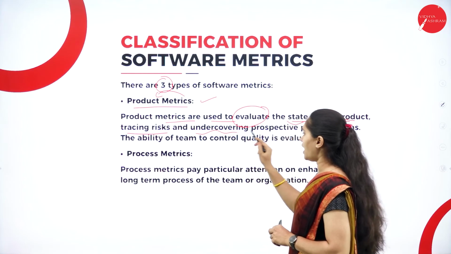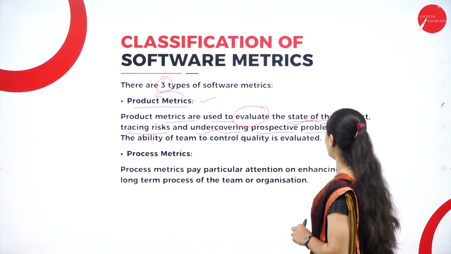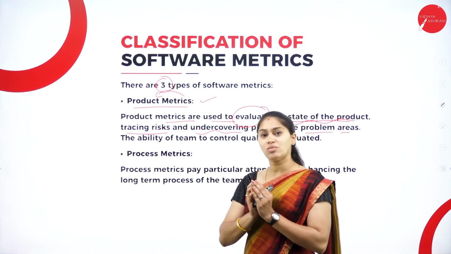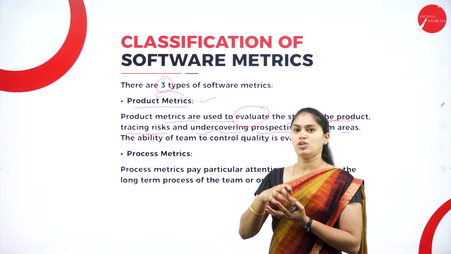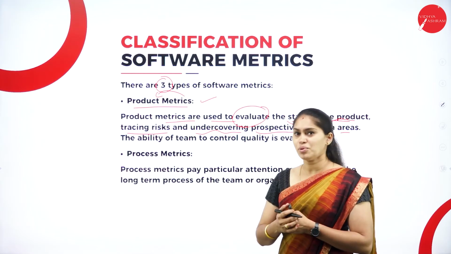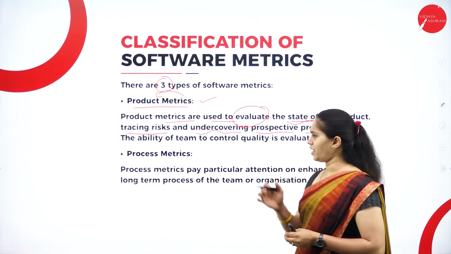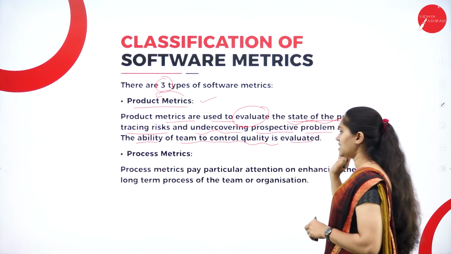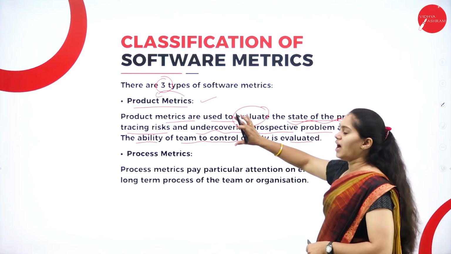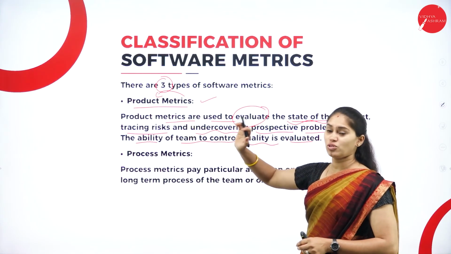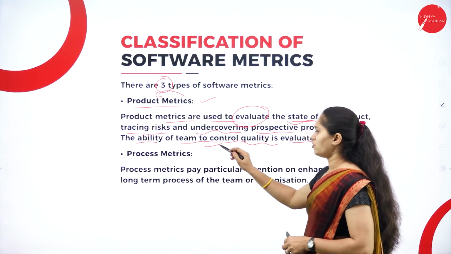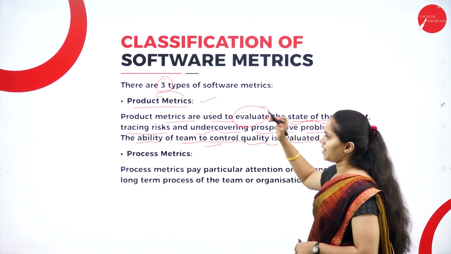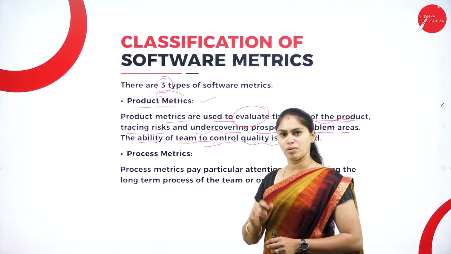And also uncovering prospective problem areas. What are the unseen areas, and what are the covered areas, in order to measure or improve efficiency? Also the ability of a team to control quality is evaluated here. How the management or the team will control the quality of a product will be evaluated in product metrics.